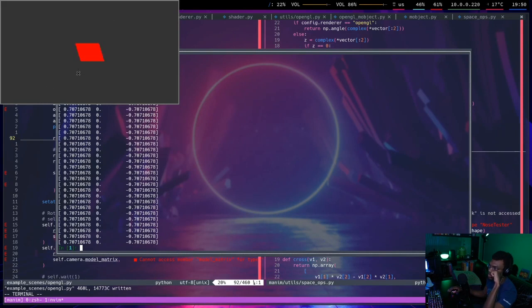I think the camera isn't even where I expect it to be. Why would the square look slanted like this?